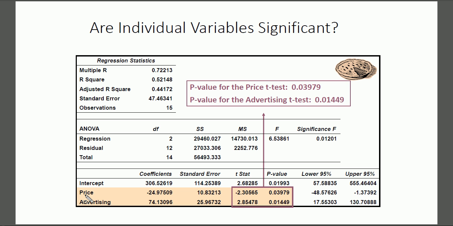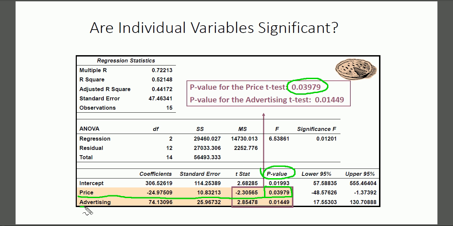To get the p-value for the price test, we go to the row called price and we go all the way over to a column called p-value. And here is the p-value for that first individual t-test. Is that less than 0.05? Yes. So we would reject H0.